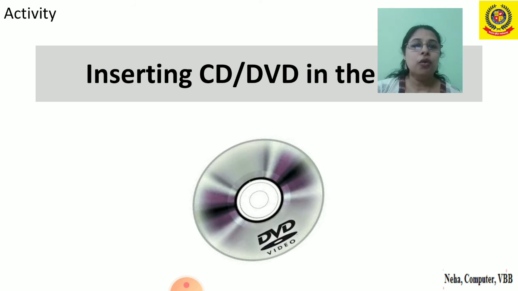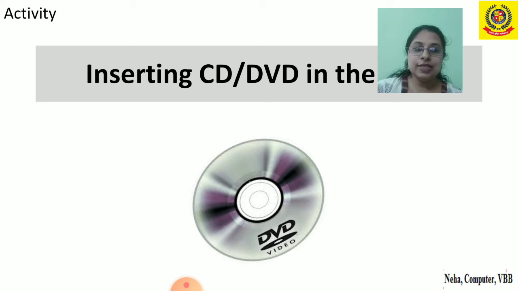Now next we will see how we can insert a CD or DVD in the computer system. Do you know that a CD is round in shape, and what is it used for? It is used to store many files. Yes, CD and DVD both look the same.